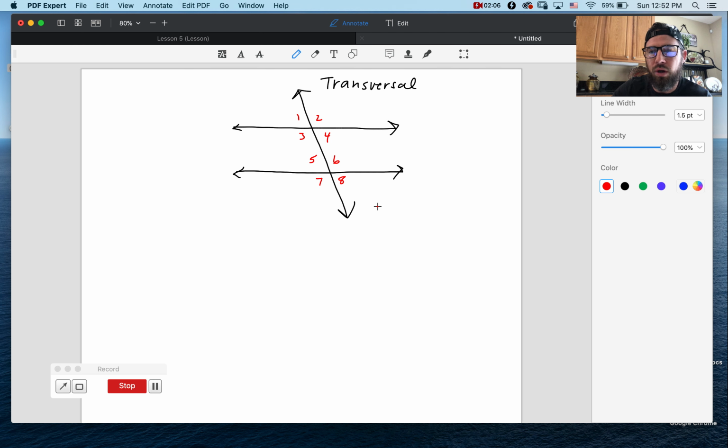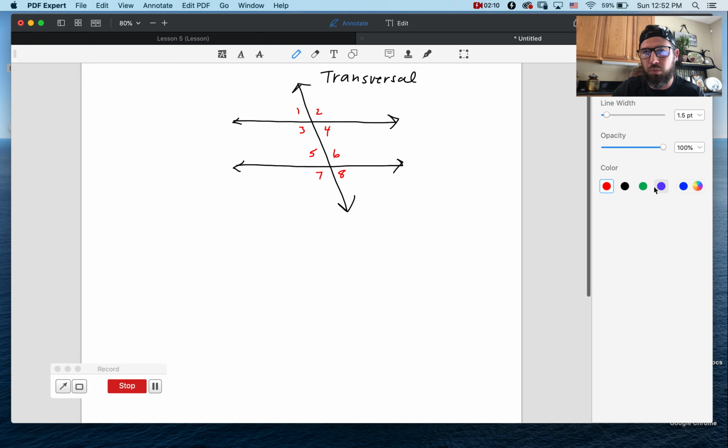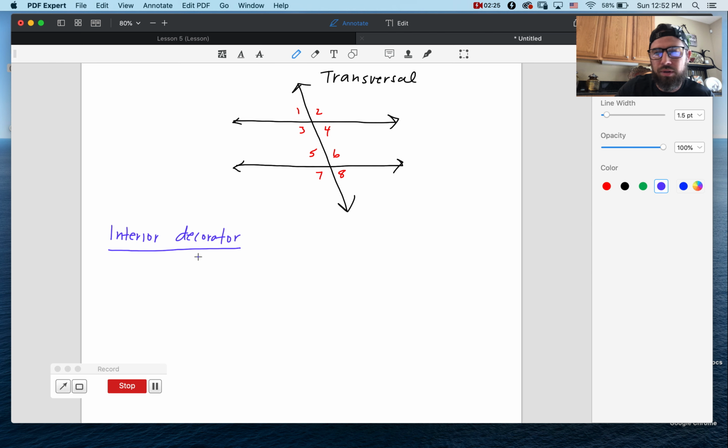In order for you to understand what these mean and why they're called what they're called, if I told you that a job title is an interior decorator, interior decorator is a job title. What they do is design the inside of a house.